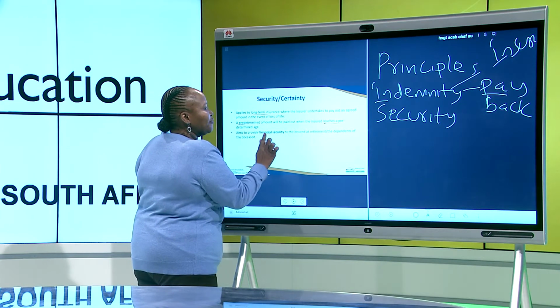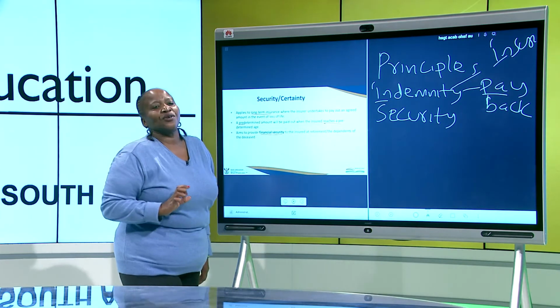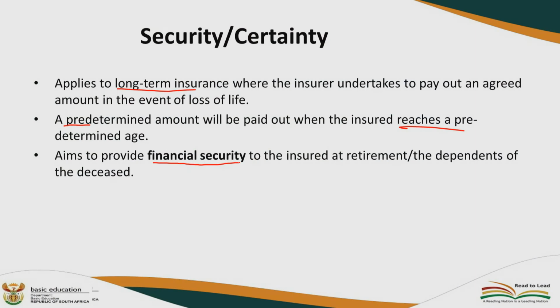It aims to provide financial security. Why security? Because the insured wants to have financial security at retirement, or when the insured dies, at least the dependents of the deceased would benefit from this insurance.